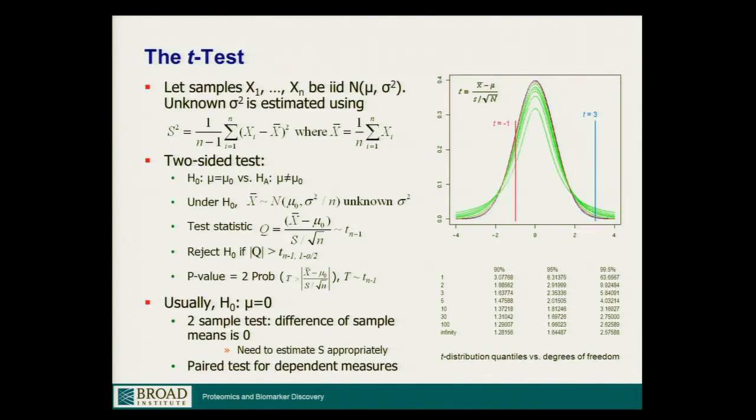It basically takes your data, calculates a number which is called the test statistic, and if that test statistic is greater than some value based on the t distribution, you say the null hypothesis can be rejected, which means there is a real difference between your cancer and control or whatever classes you're interested in. It's essentially like taking the number that you calculate, the test statistic, and comparing it to the distribution.